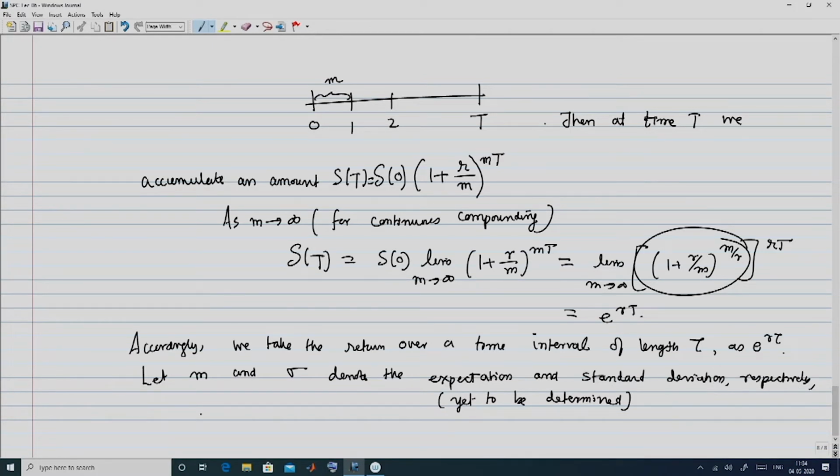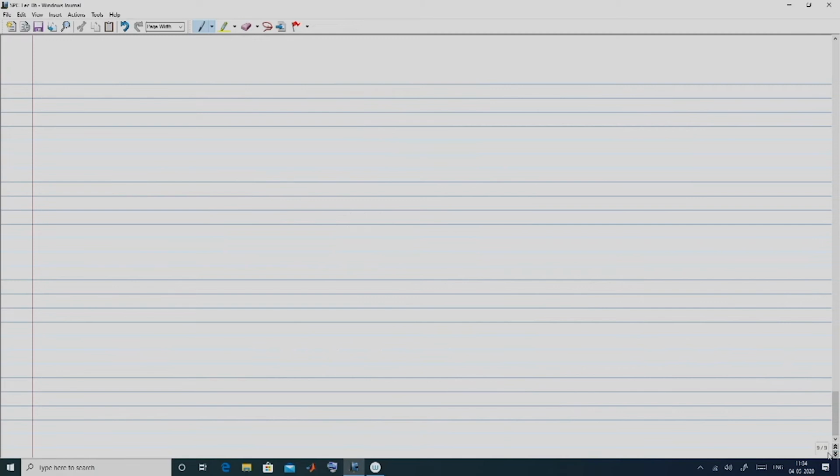These are the expectation and standard deviation respectively of the random variable k1 plus k2 all the way to kn. So, this is basically the sum of the log returns of each individual interval, over a unit time window of 0, 1. Just recall that you had n time steps, and so each time interval tau is 1 over n.